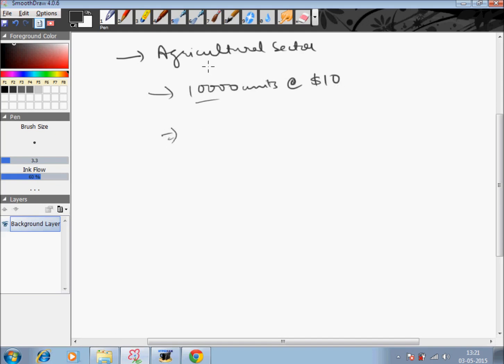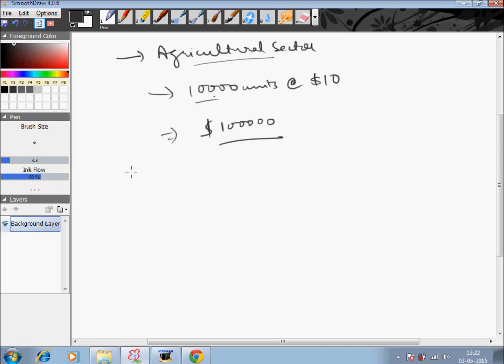So in order to get the gross output of the agriculture sector, we multiply the units with its market price. So the value of gross output of the agricultural sector will be $1 lakh.